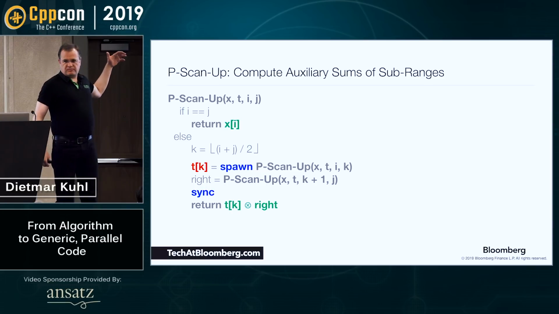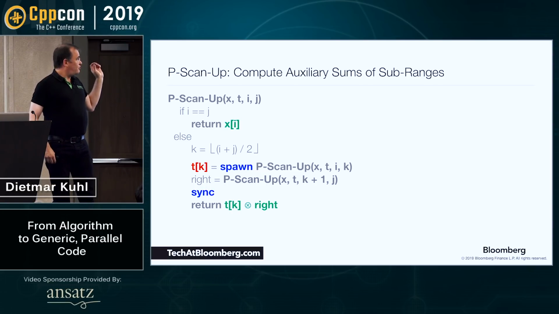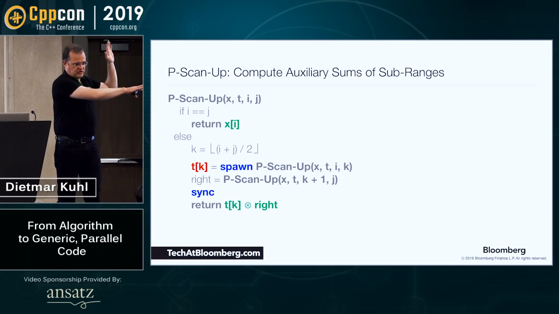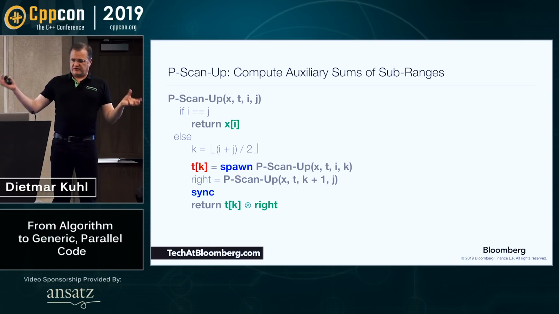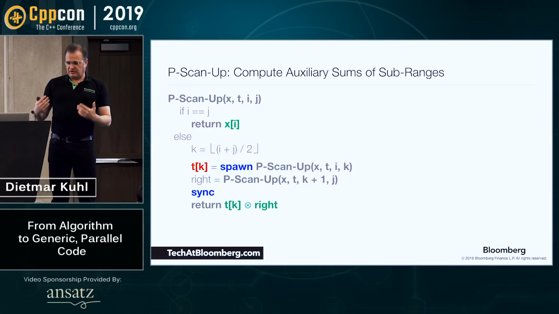This pseudo-language over here has a spawn operation to kick off a thread. The spawn executes concurrently to the non-spawn version, and at sync, we expect both of the spawned threads to come back.